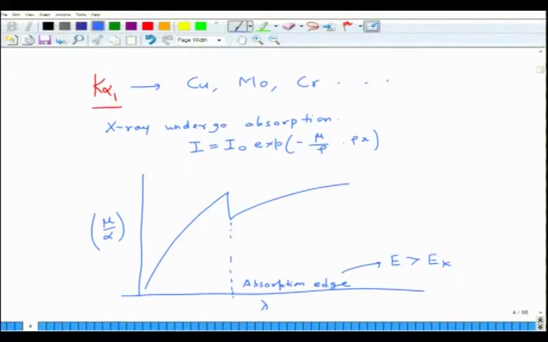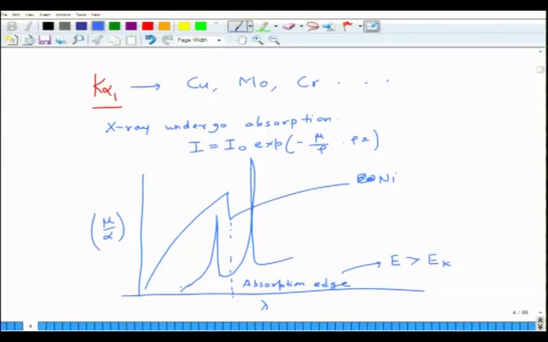So, basically let us say if this is a certain material, in this case let us say iron, and you are bombarding iron with something, or you can use, let us say, nickel. It turns out you can use this absorption edge to suppress certain radiation and to allow certain radiation to go through. So, for example, in case of copper, the K beta radiation is somewhere here, and K alpha is somewhere here.